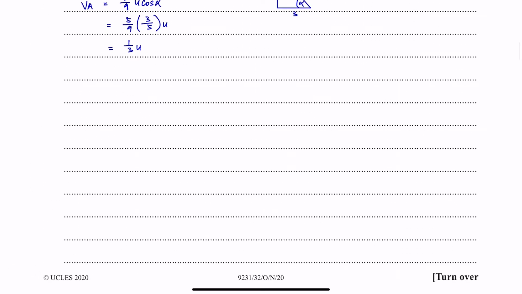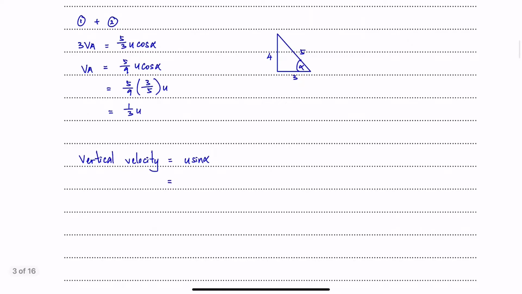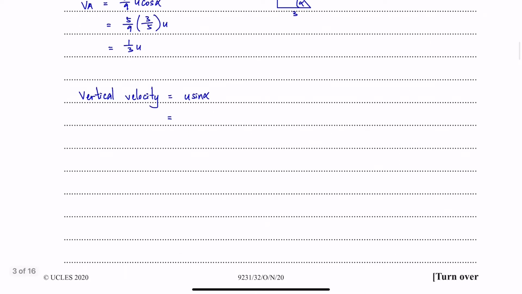The vertical velocity would be u sine alpha, and sine alpha is 4 over 5, so it would be 4 over 5 u.